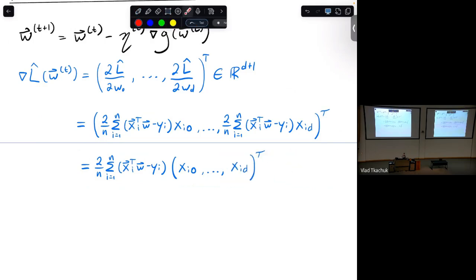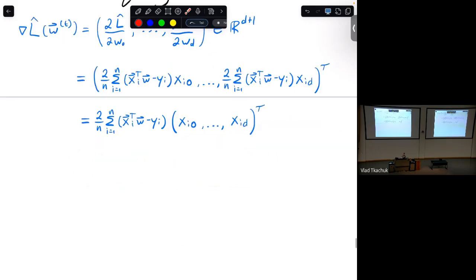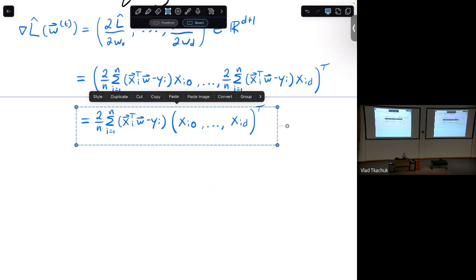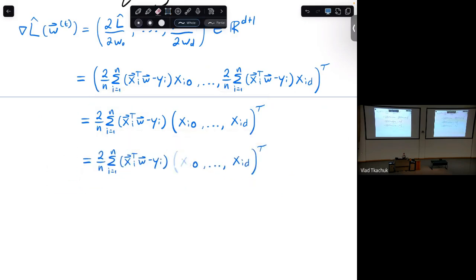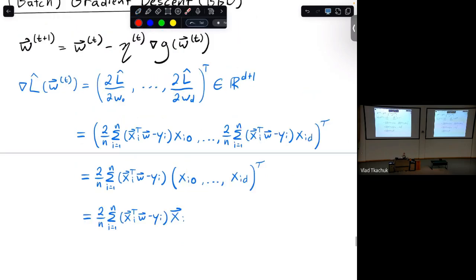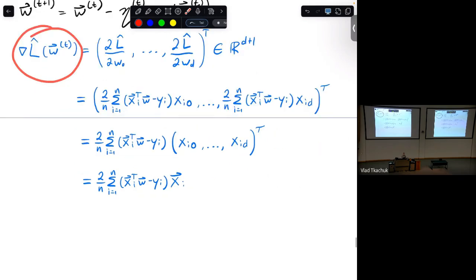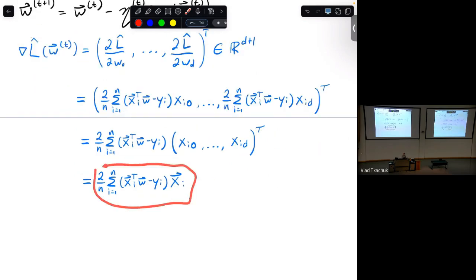And now the observation is, what is this object? Well, it's exactly just our x_i data point, our x_i feature. It's just a vector. And so that's equal to this. Okay. So we've got an equation for the gradient, which is quite nice and compact and simple.